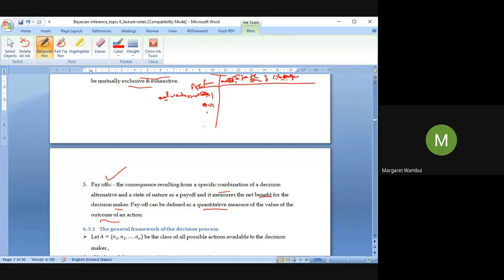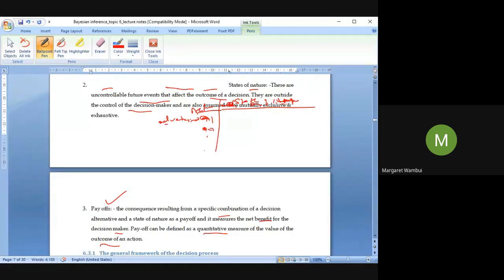The state of nature is maybe, for example, the amount of money involved there. The next one is maybe the personnel involved here, and so on. So when I'm advertising, what is the cost? How many people am I going to use? So the question is, when I take the advertisement, what is the resulting value here?